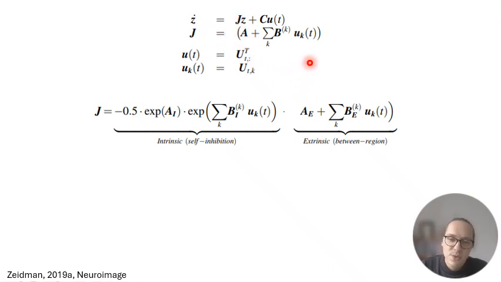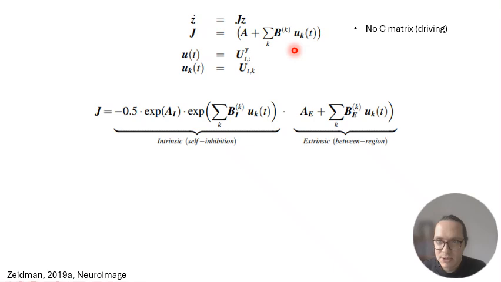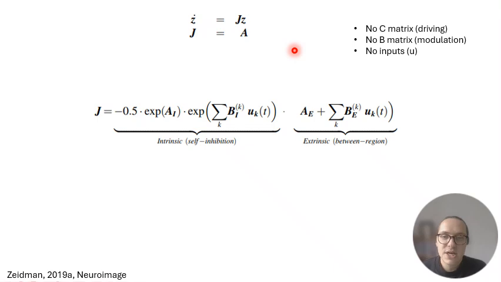And then also is dependent upon the modulatory inputs on those connections, described by this B matrix, and again, the vector of inputs U. But because we have resting state rather than task-based data, we don't have any driving experimental input. We don't have any modulatory input. And in fact, we don't have any inputs at all.